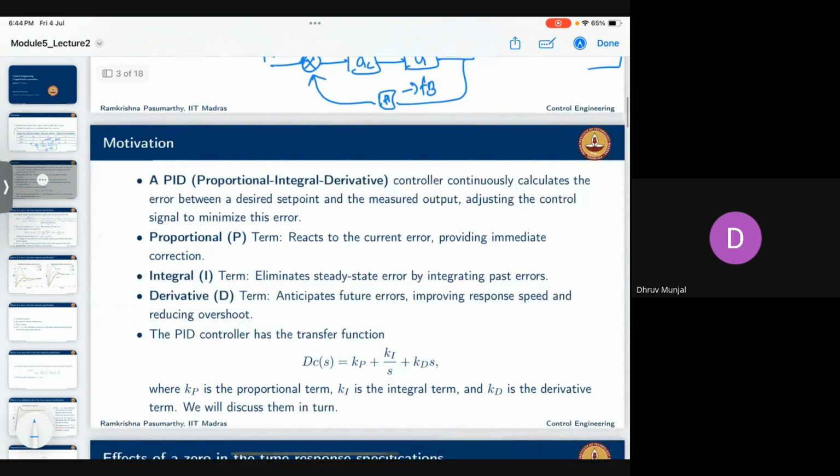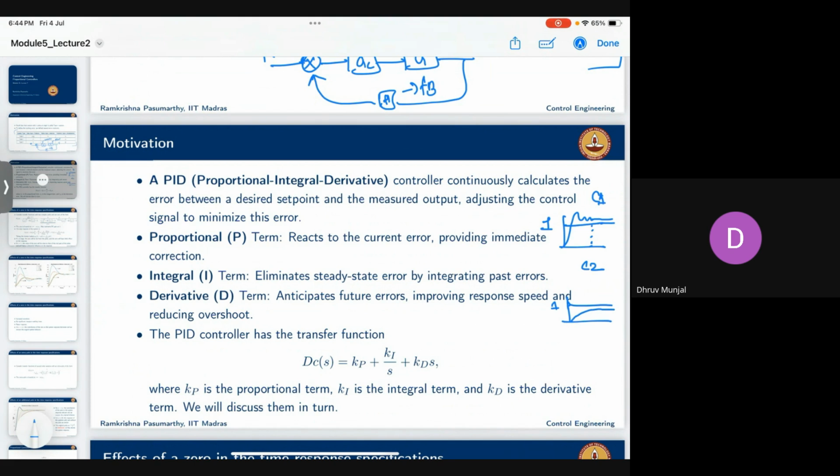Desired output response. For example, before introducing a controller to my system, say my input is a step input of one, and my system is giving something like this and not getting to one; really it is around 1.2 forever, even after reaching steady state. This is case number one. Case number two: the same input I'm giving, but I'm getting some output like this.